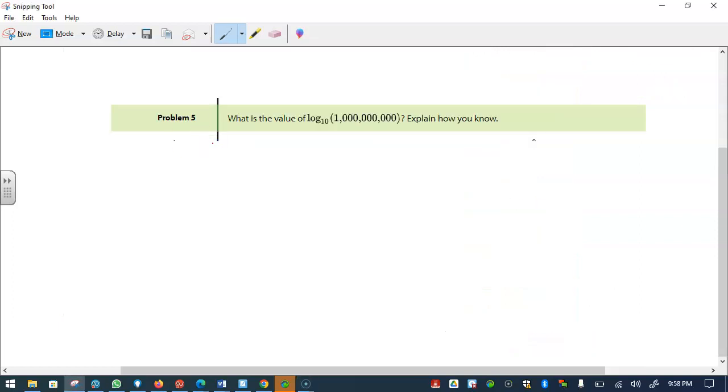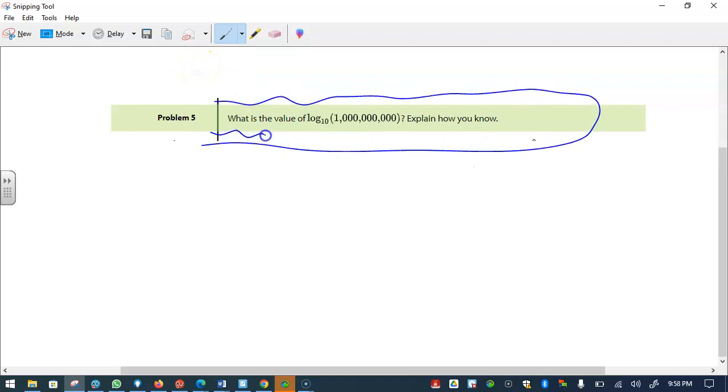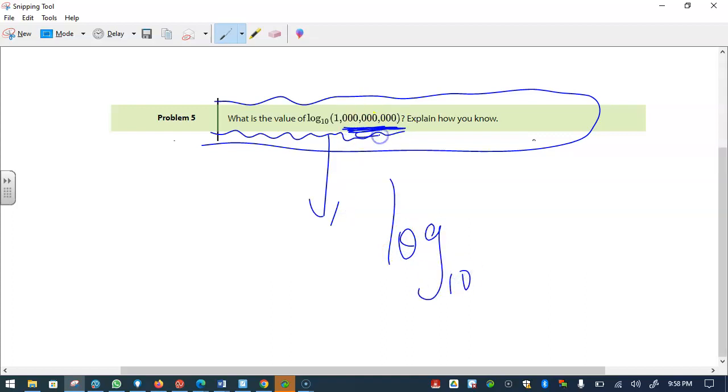I want you to pause the video and see if you can figure it out yourself. What is the value of this? How do we figure this out? The first thing is, why don't I write this as 1 billion? Since there are 9 zeros, that means it is 10 raised to 9.